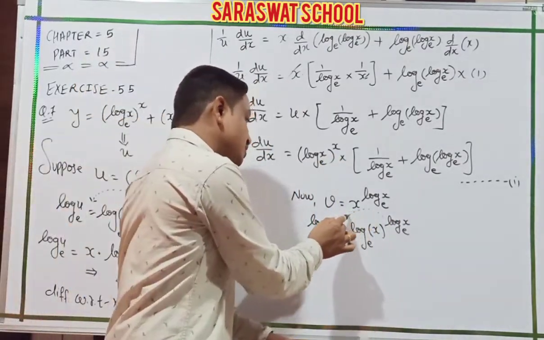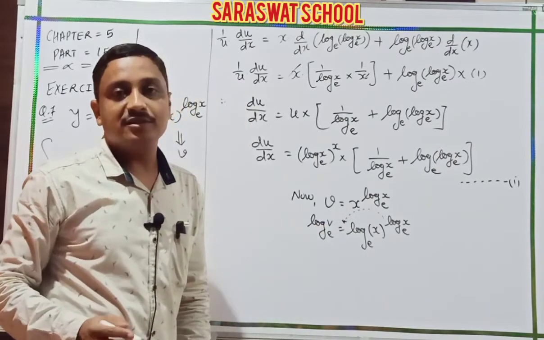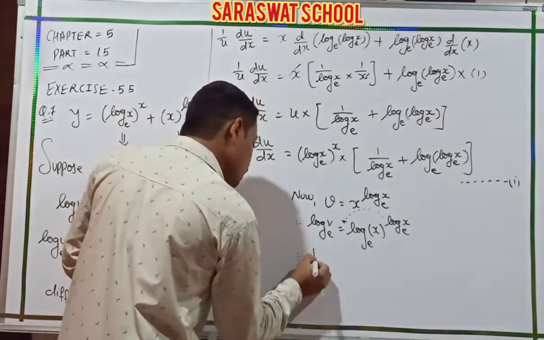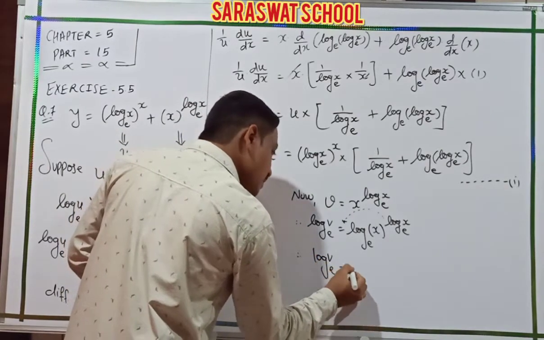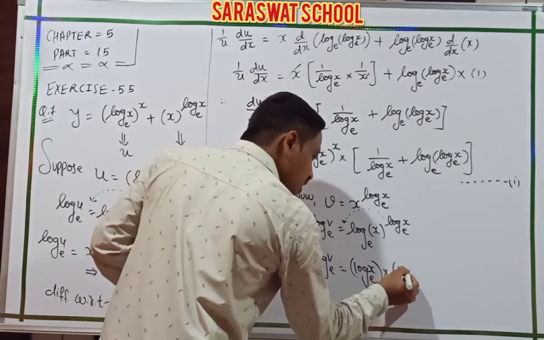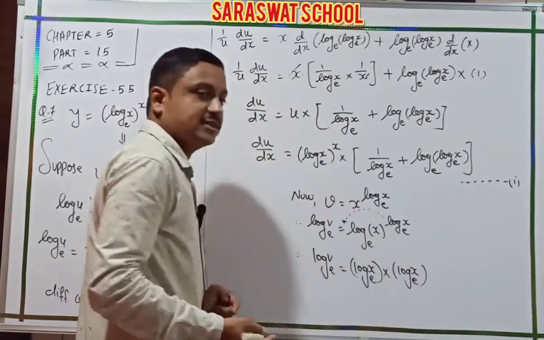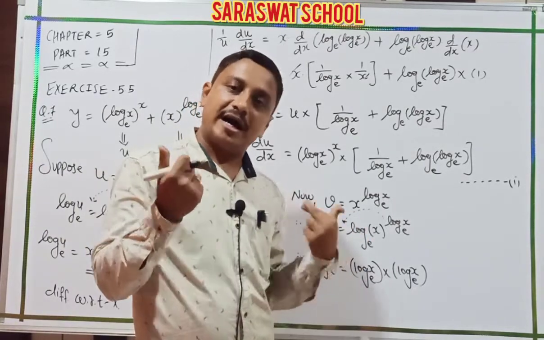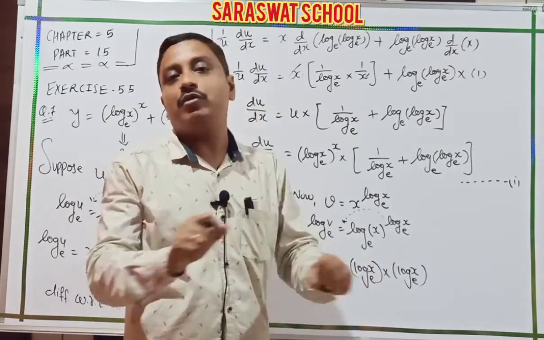This log x, according to the property of logarithm, you take outside. So log v base e equals log x to the base e times log x to the base e. Here students, you can take either the whole square or as it is and apply the product rule.